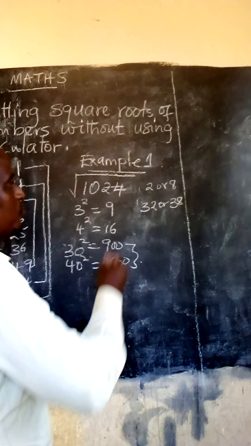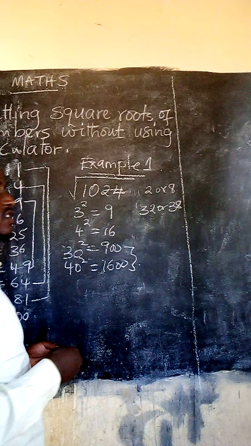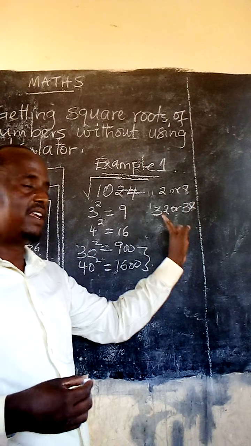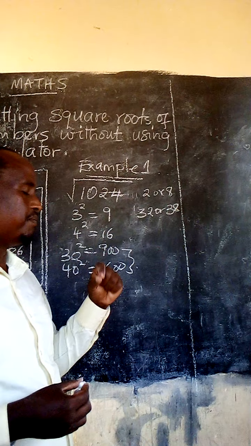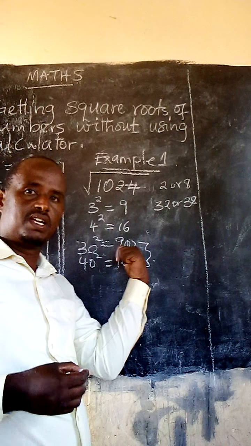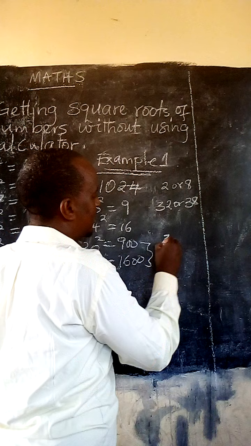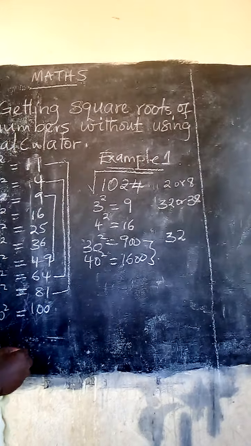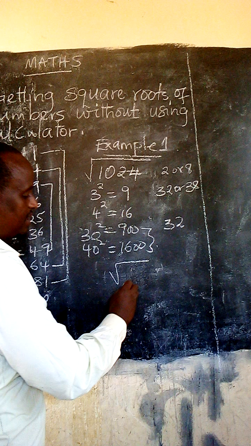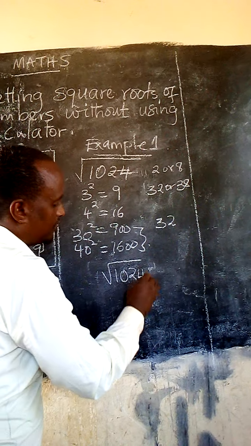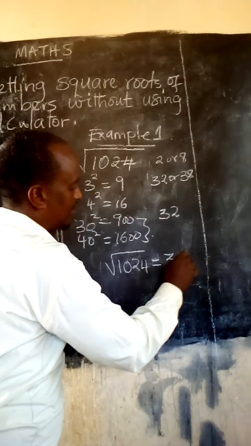For that reason, between the two last digits, we take the smaller digit, because we are seeing that 1024 is nearer to 900. So from there we can say the number that we are looking for here is 32. Thus we can say the square root of 1024 is 32.